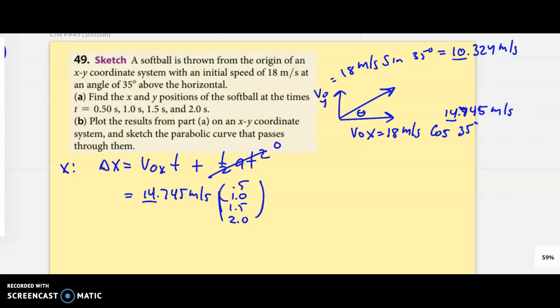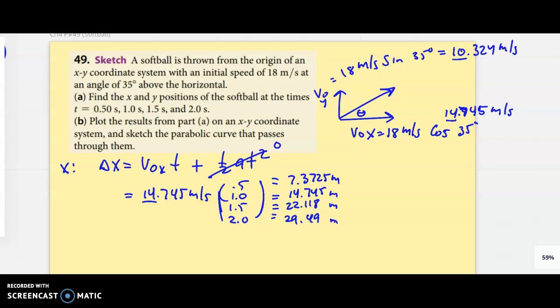I'm going to do that 4 different times. When I do that, I'm going to get 7.3725, 14.745, of course, 22.118, and 29.49, and all of those are in meters.